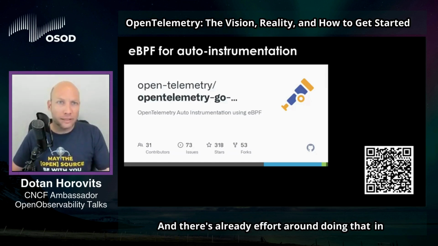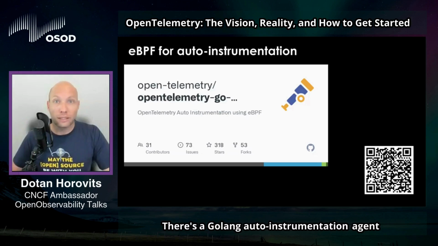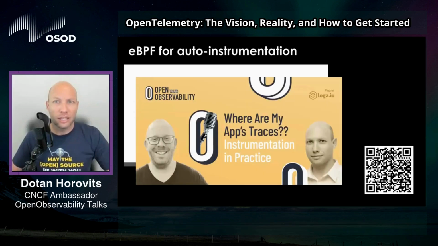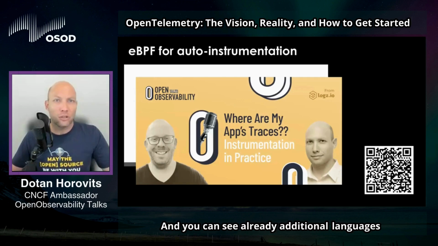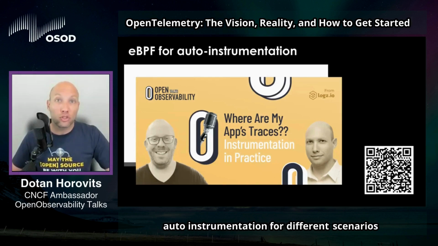There's already effort around doing that in Golang. There's a Golang auto instrumentation agent, and you can see additional languages already adopting this and exploring the usage of eBPF for auto instrumentation for different scenarios. So very, very interesting advancement.